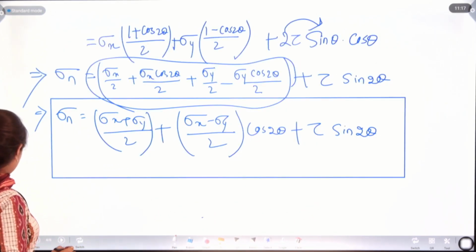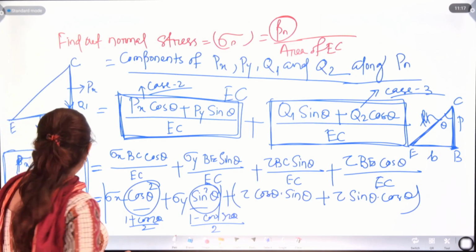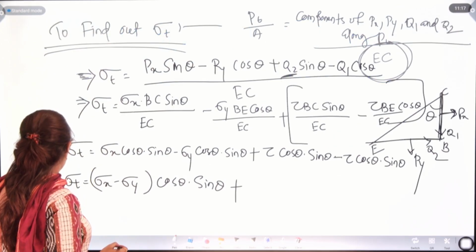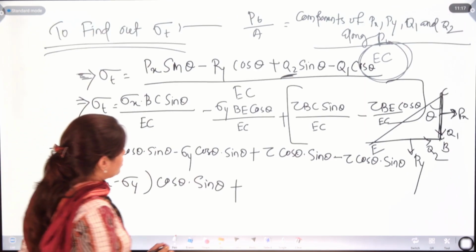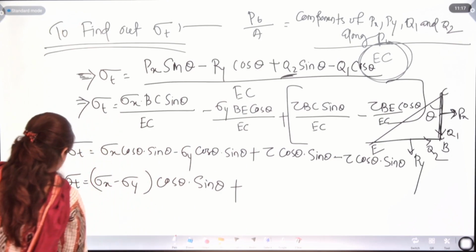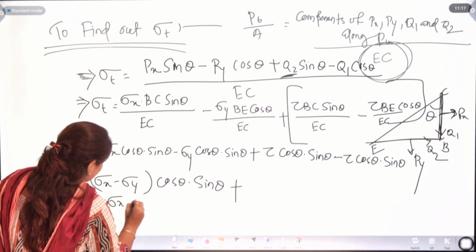Okay, let's see here what we have. So we can write sigma t as sigma x minus sigma y.